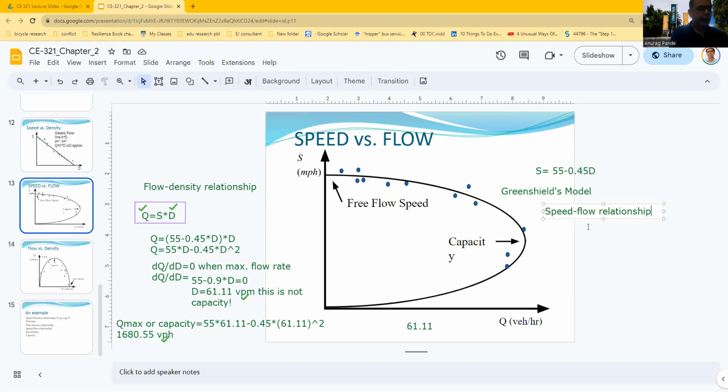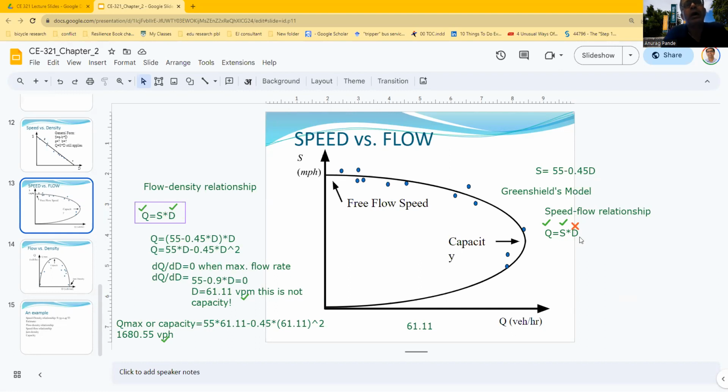So I can go back to my relationship of Q equal to speed times density, that fundamental relationship of uninterrupted flow. Q is the flow rate. I want the speed, I want the flow, and I don't want density.